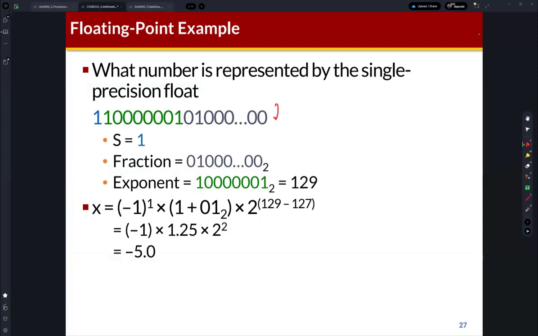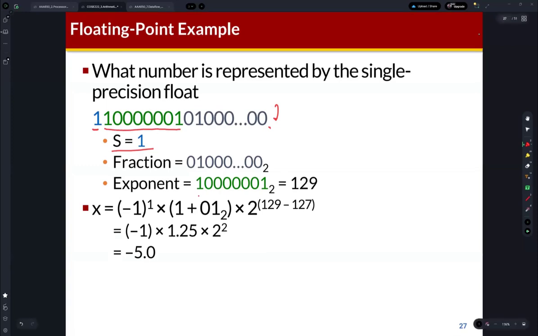If we analyze this number, the sign bit is 1, and this is the exponent part, 10000001, and this is the fraction part. Based on the definition, the exponent stored is 129, and the real exponent is 129 minus bias, which is 2, right?